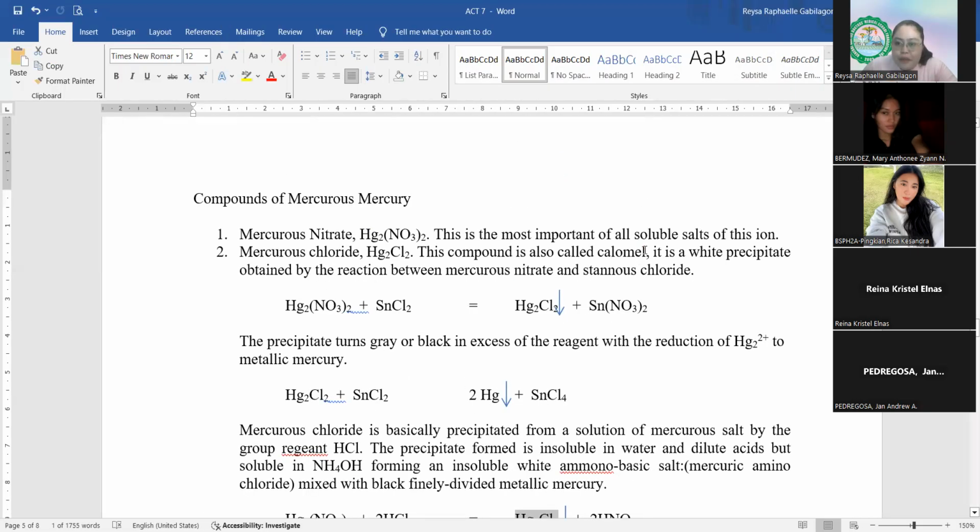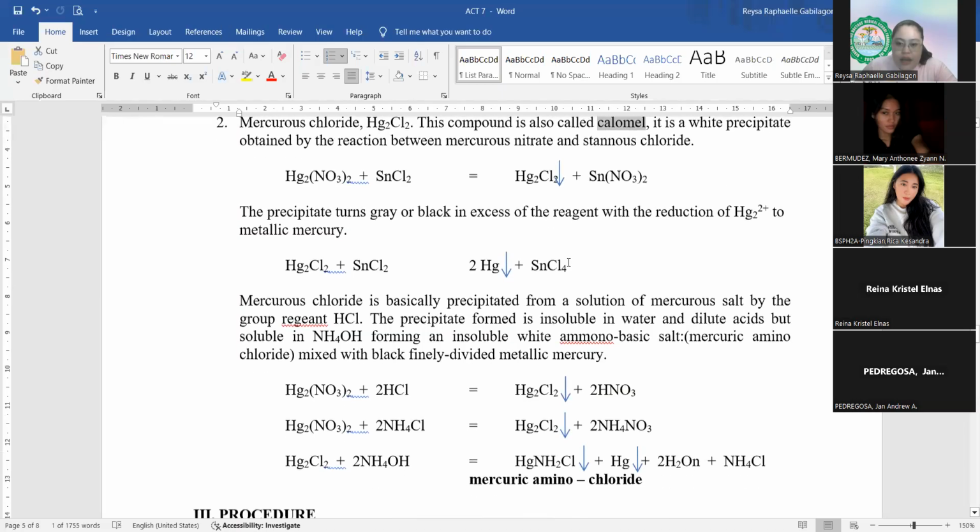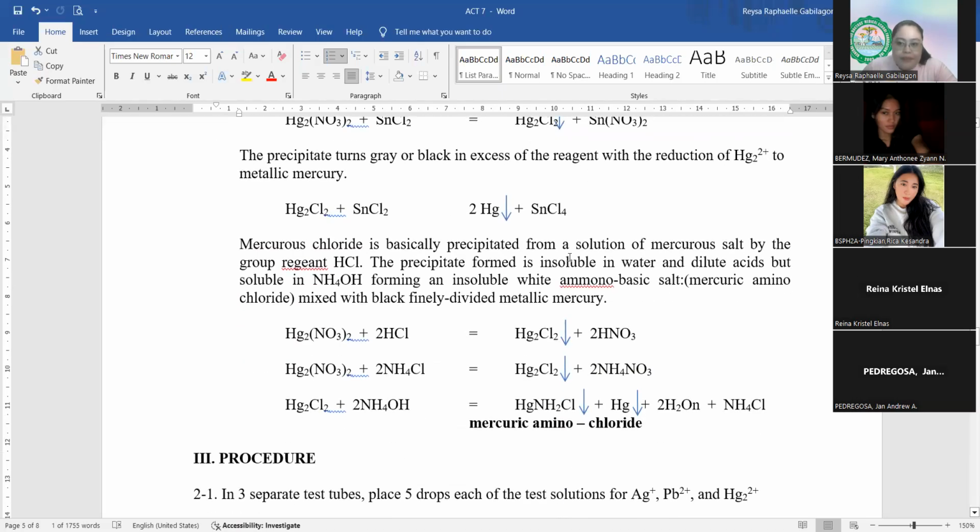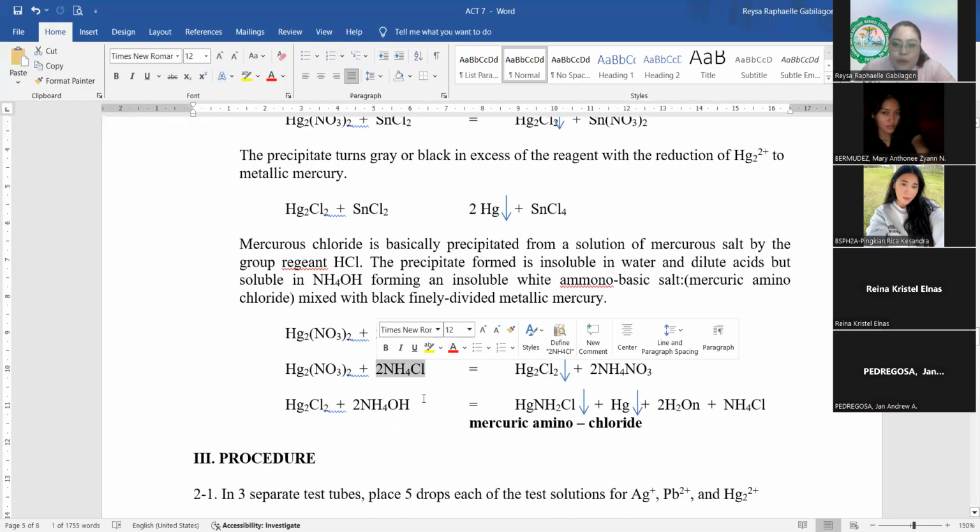This is a favorite board exam subject. Si mercurous chloride is color white, and yung kanyang common name niya in the laboratory is calomel. Okay, it's calomel. Okay, so si mercurous chloride, mabuo siya, 'di ba? Pag either you use HCl or tin chloride, pero pwede ka ding gumamit ng ammonium chloride.